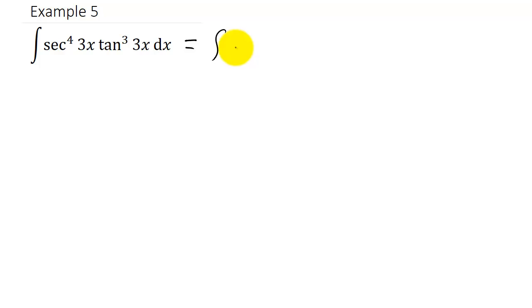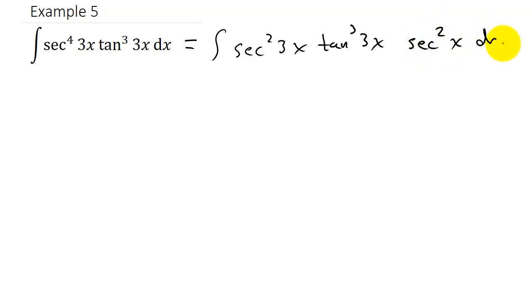So I've got secant squared 3x times tangent cubed 3x times, and then here's my secant squared 3x factor that I'm saving, dx. There's my secant squared that I'm saving.